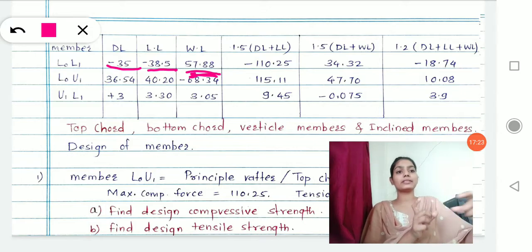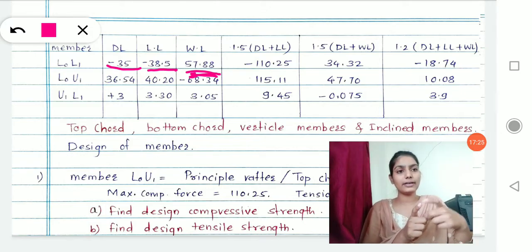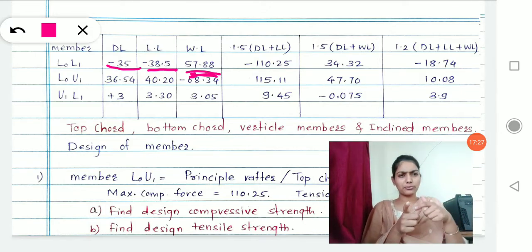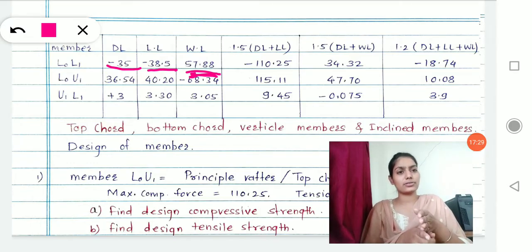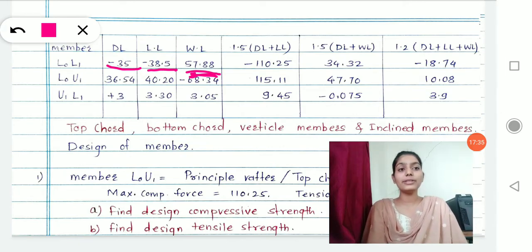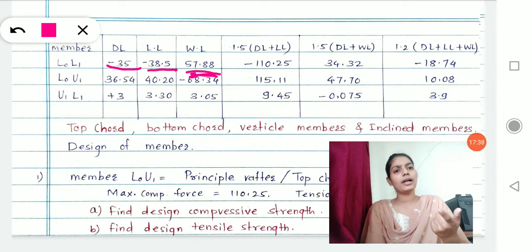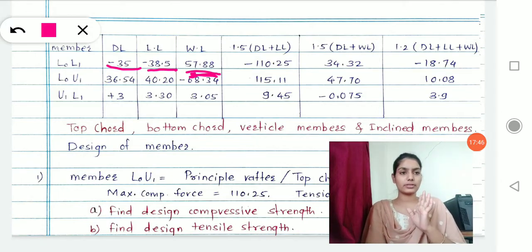I cannot say this member is for live load, this for dead load, and this for wind load. At one joint you can't place three sections. That is not how we design. What we will do is choose a load combination, and then select the member which is suitable for all of the forces for this loading.